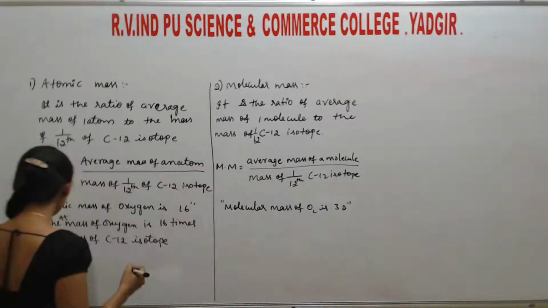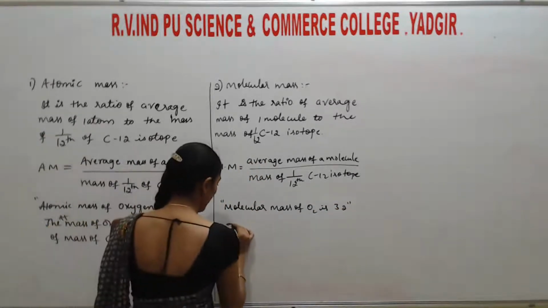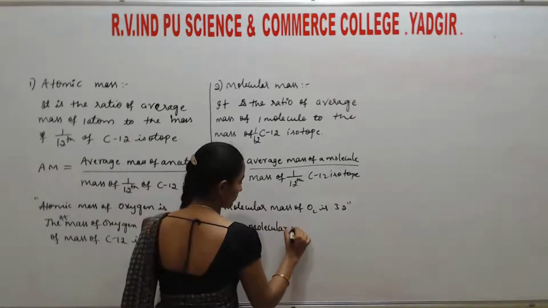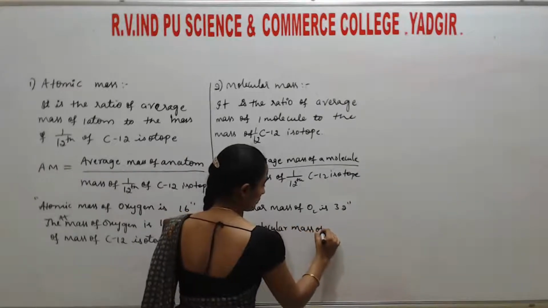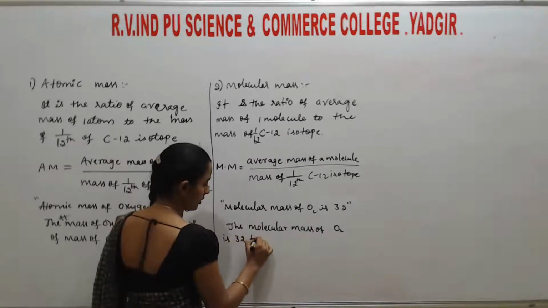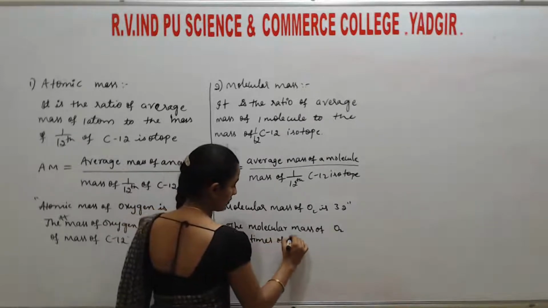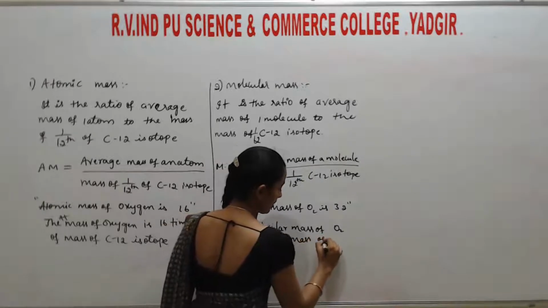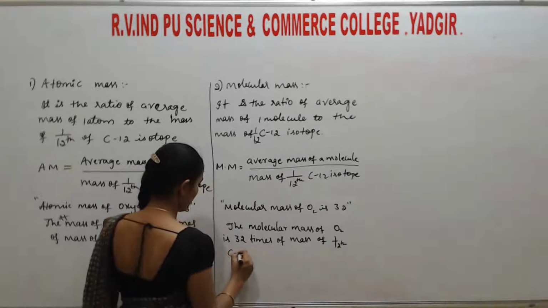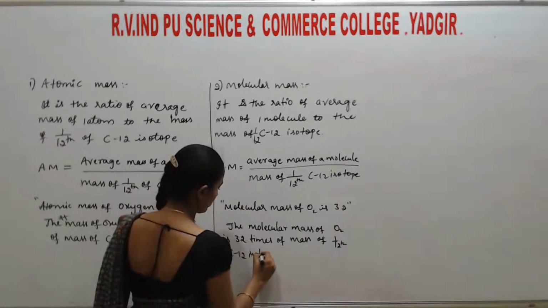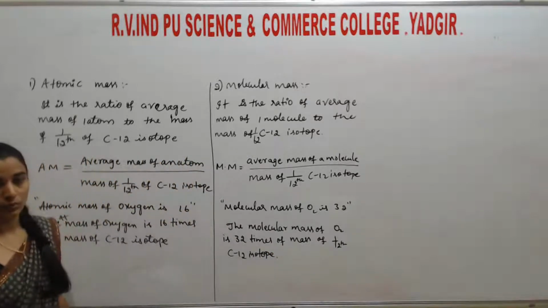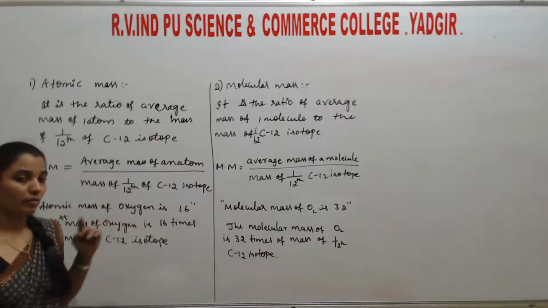What it means, students? It means the molecular mass of oxygen is 32 times the mass of 1 by 12 of the C12 isotope. So this is molecular mass.